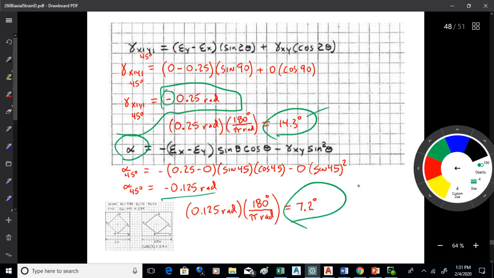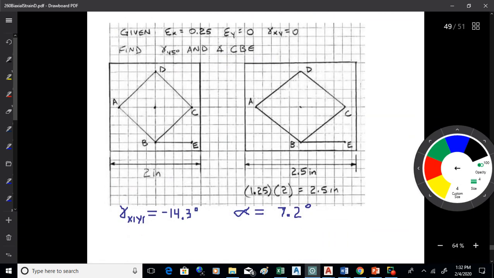Now this line BC should rotate clockwise because it's negative. So clockwise 0.125 radians, that should be a 7.2 degree rotation. Let's have a look and see if that happens, okay?